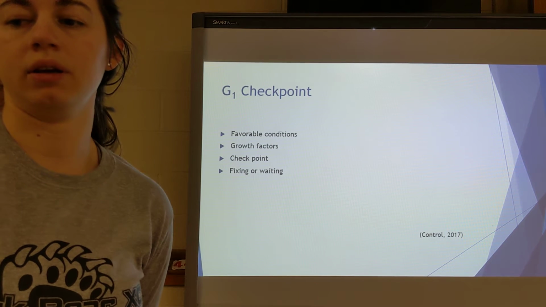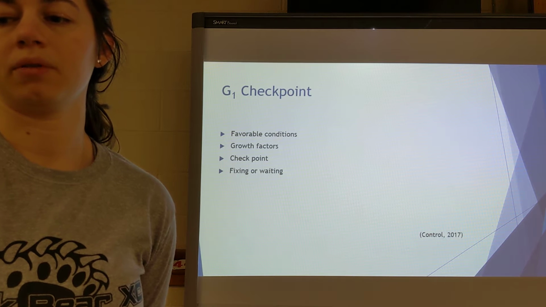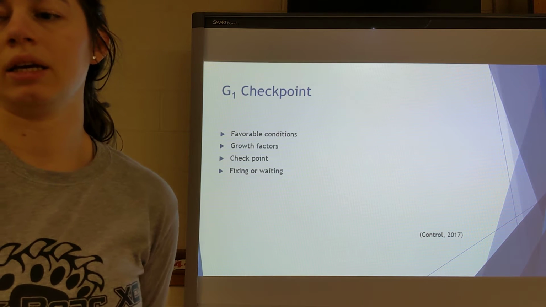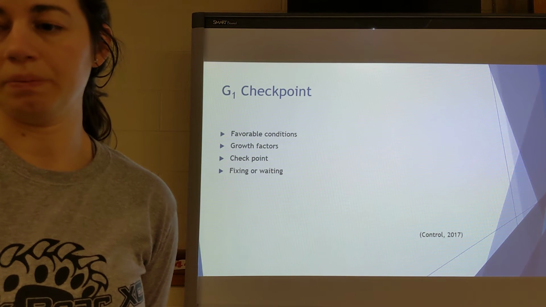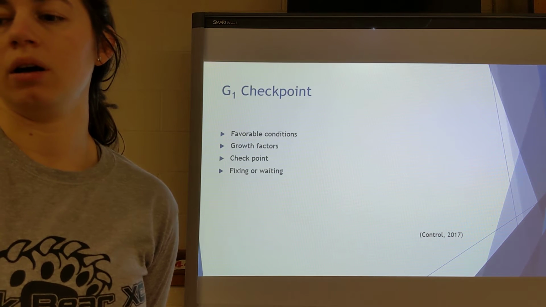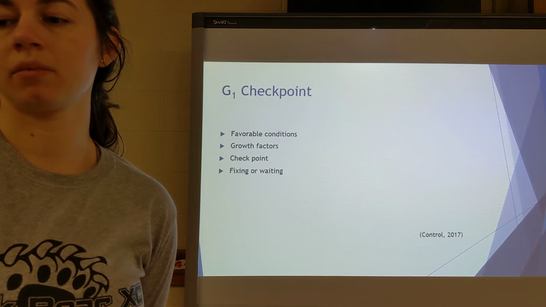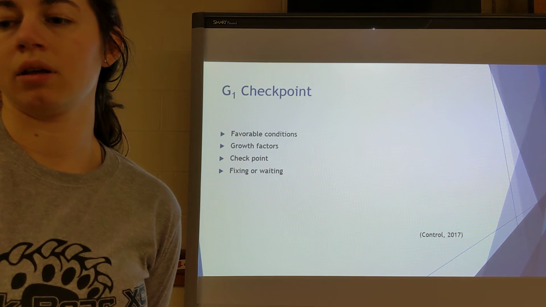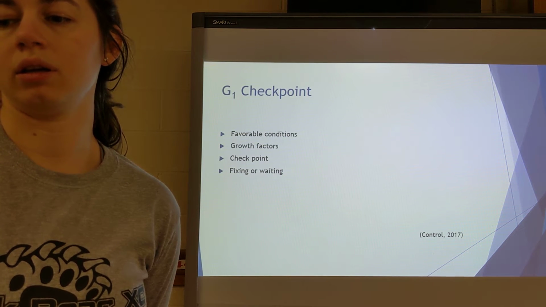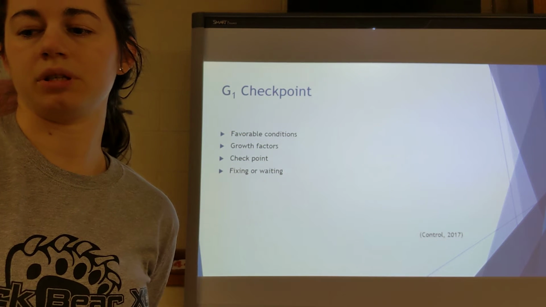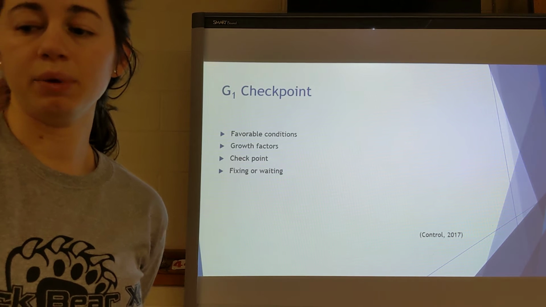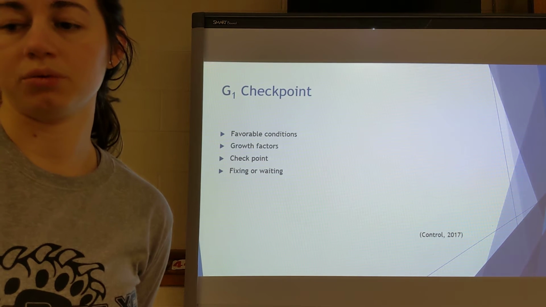If the factors aren't being met, then it will either grow slowly or it won't grow at all. The factors determine how fast or slow the cell can grow. If it meets all the requirements, then it will go to the checkpoint.